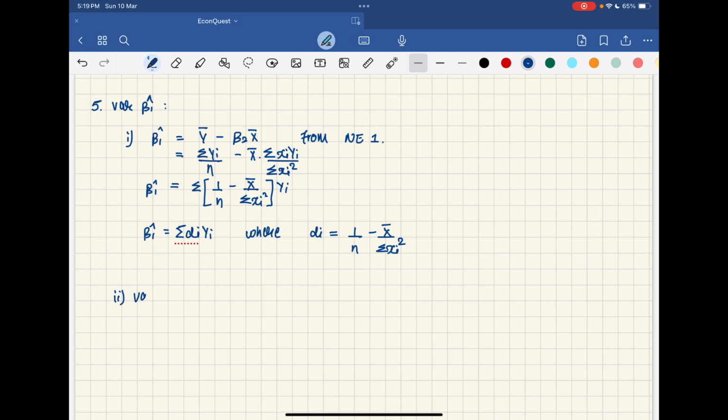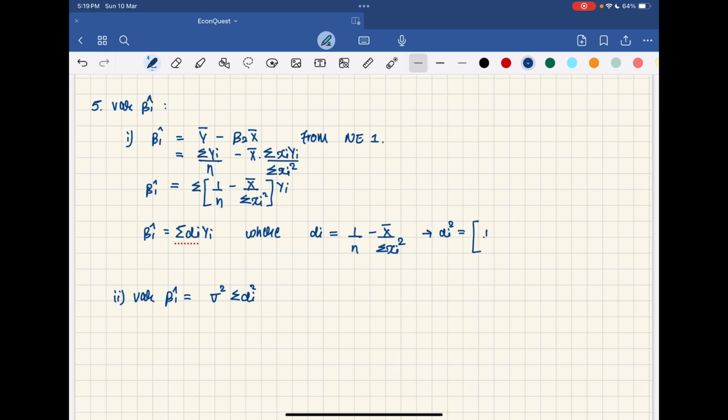Now what is the value of variance of beta 1 hat? It is equal to sigma square summation of di square. We just need to find the value of di square. So what is the value of di square?